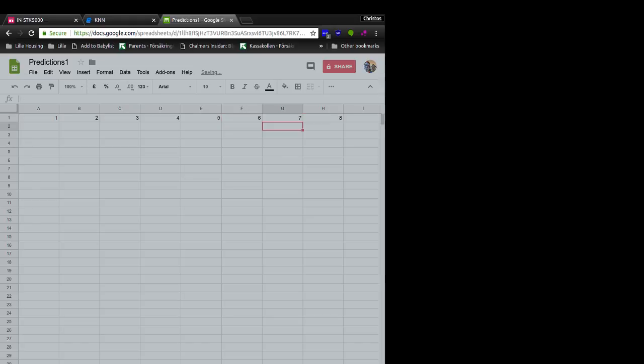So write in, for example, 0 or 1, depending on your prediction. So these are your predictions for what the coin is going to be like. Just write in whatever you like. I will not see them. I will just generate 8 random numbers, and we'll see how often you actually get it.